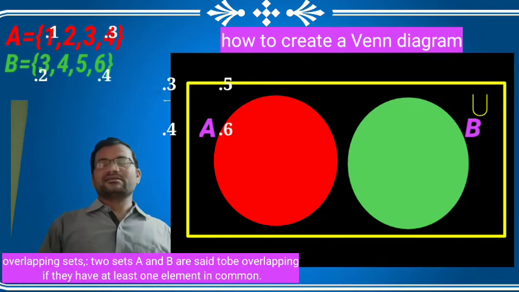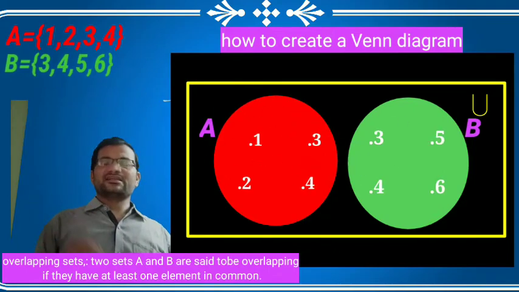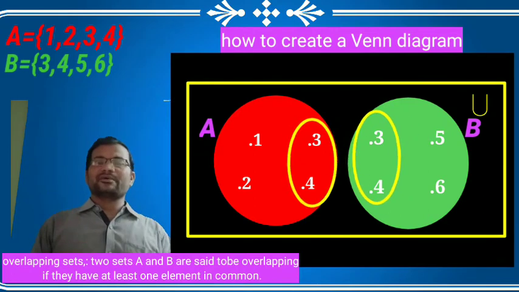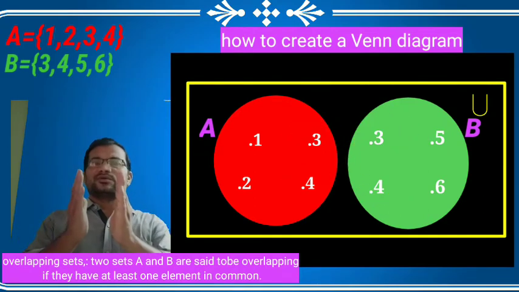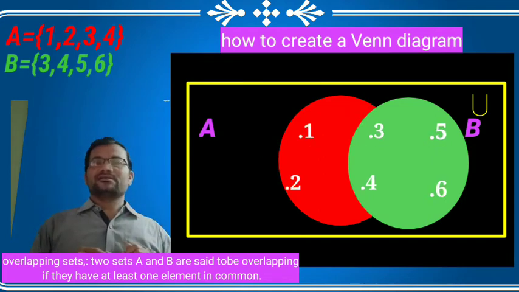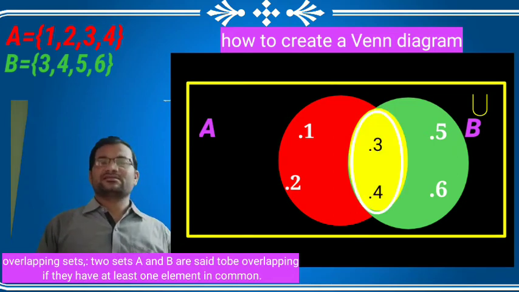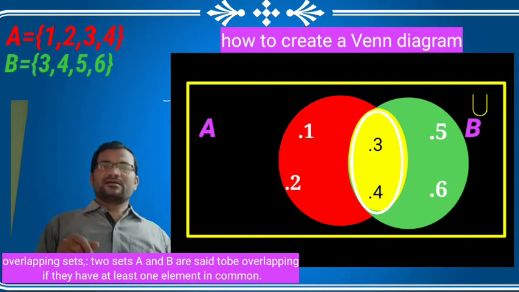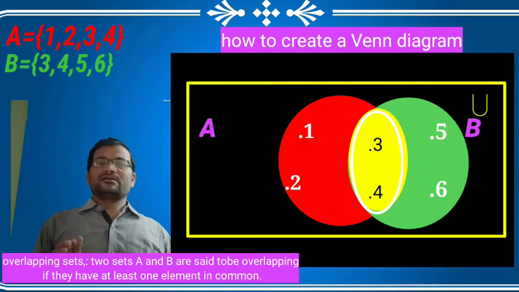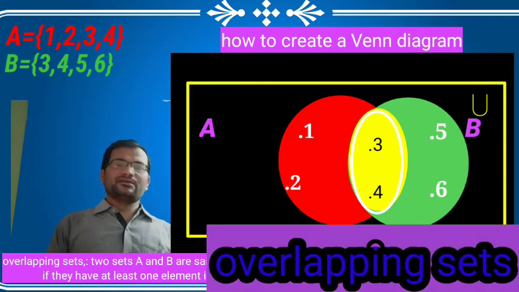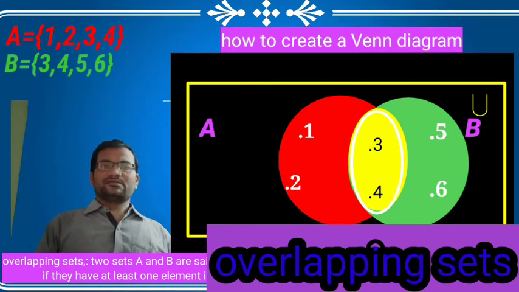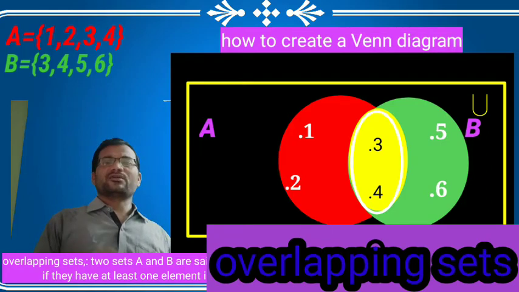I write the elements inside for each set. Here you see the elements 3, 4 are common, so I put them close together. The figure shown here represents overlapping sets: the common area and the remaining two parts. This is the Venn diagram for overlapping sets.